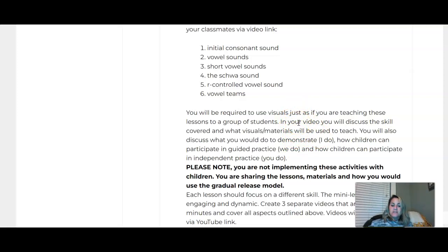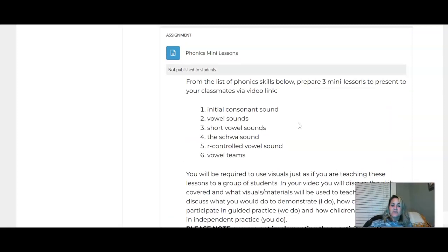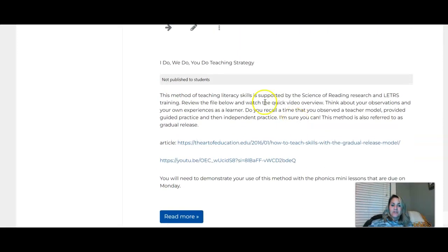You need to discuss the skills that are covered, how the materials will be used, and how you would do this activity demonstrating gradual release, or the I do, we do, you do method of teaching. So this assignment is going to assess how well you understand phonics instruction, and also how well you understand the I do, we do, you do teaching method that is reviewed just above this.